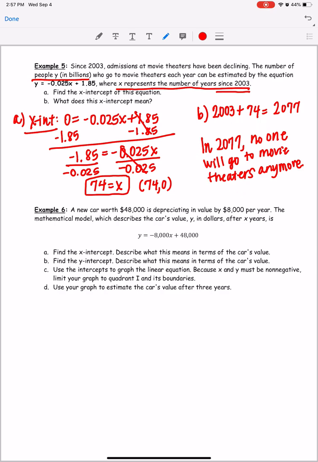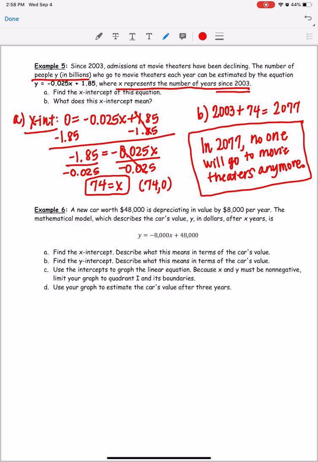Okay, what's important with this one though is you can't just tell me in 74 years, because are you talking about in 74 years from now, in 74 years from what year? So that's why you've got to tell me 2077.